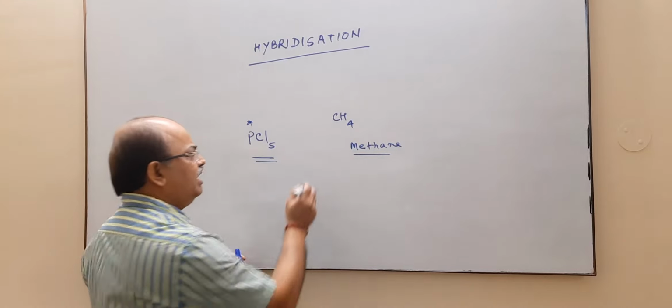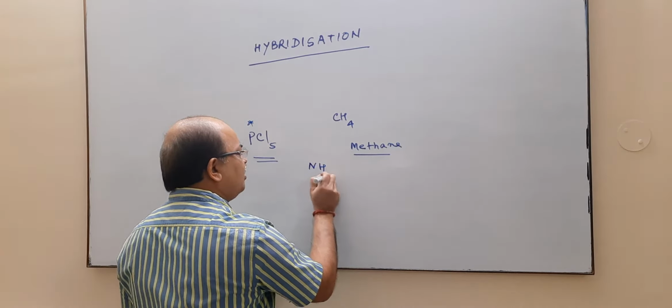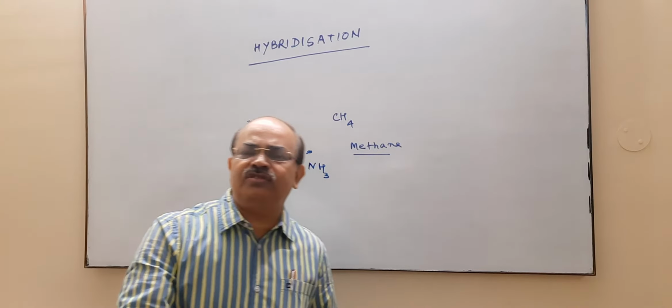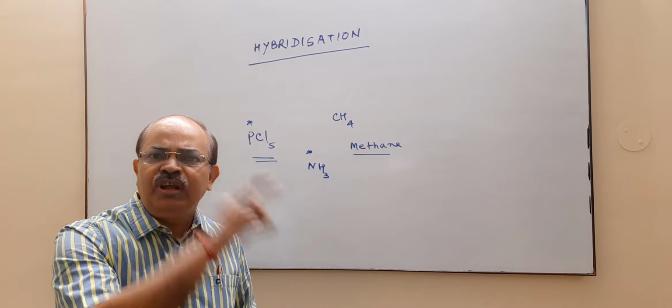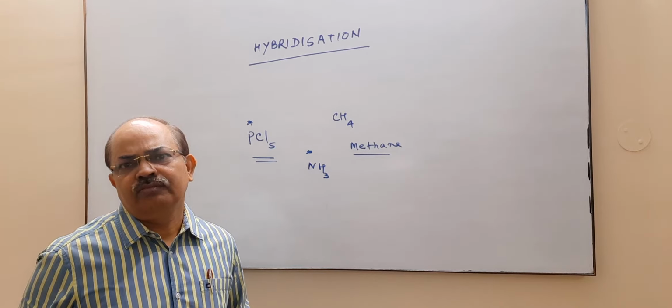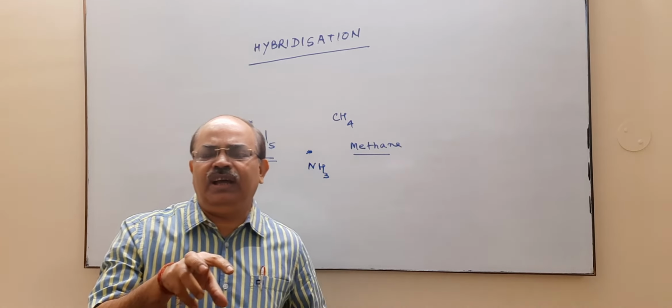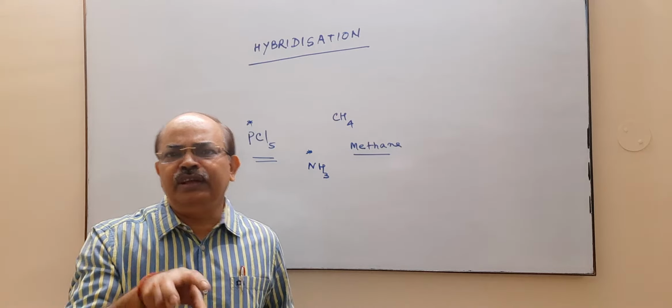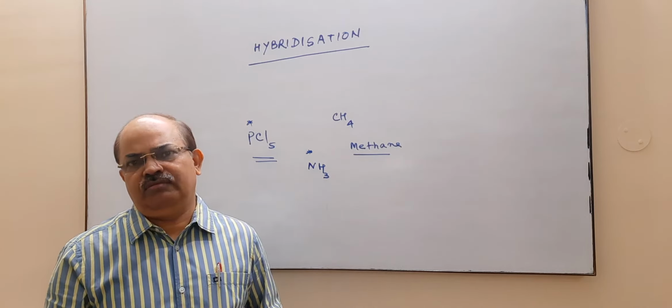Similarly, for ammonia, the correct wording is what is the hybridization of nitrogen in ammonia. तो हाइब्रिडाइजेशन जो होता है वो एक पर्टिकुलर एटम का होता है in a molecule.